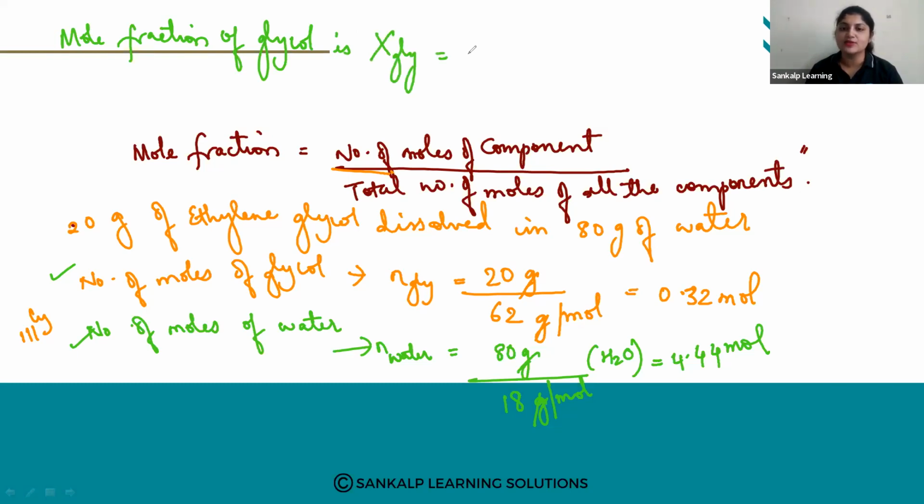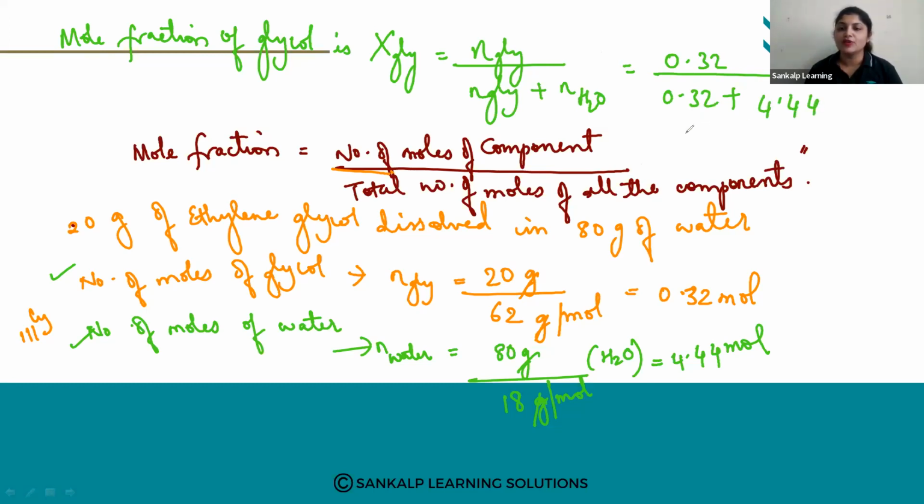X glycol is equal to the number of moles of the component, that is the moles of glycol, divided by the total moles of all components. So the number of moles of glycol is 0.32, divided by 0.32 plus the number of moles of water, 4.44. So just see what answer you are getting. Simple addition.